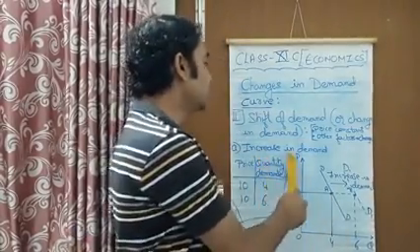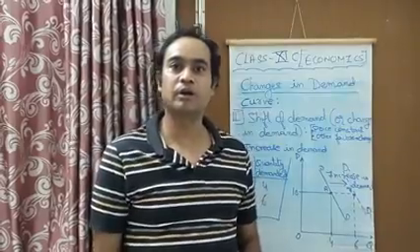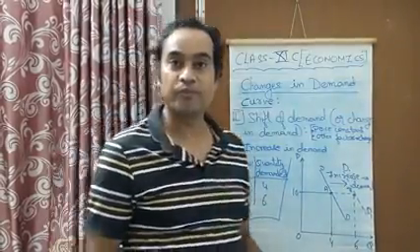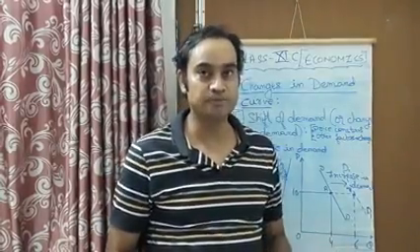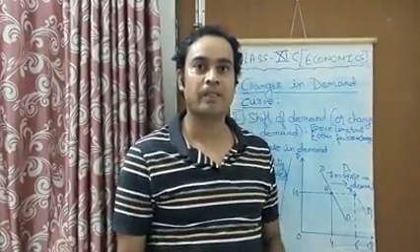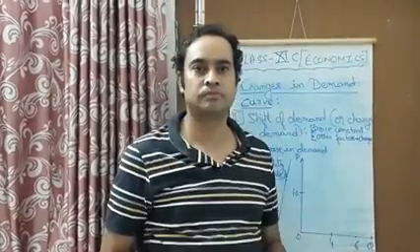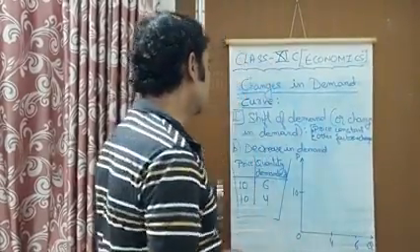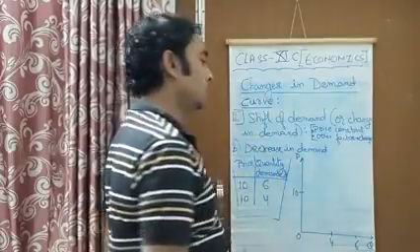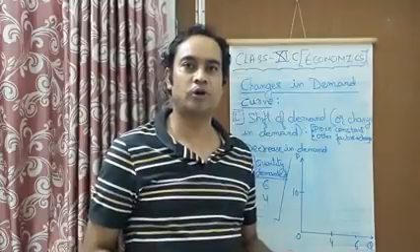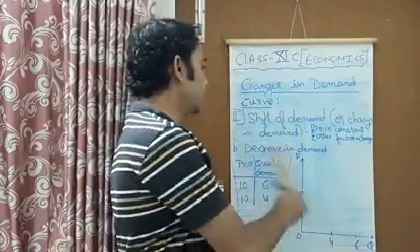So this was increase in demand, and now we will do what? Decrease in demand. So let's start that also. So here we will see the another concept for shift in demand, decrease in demand.